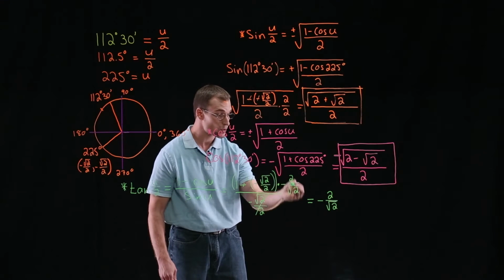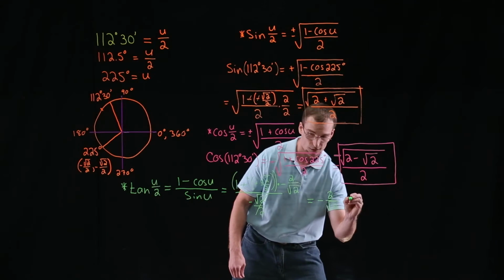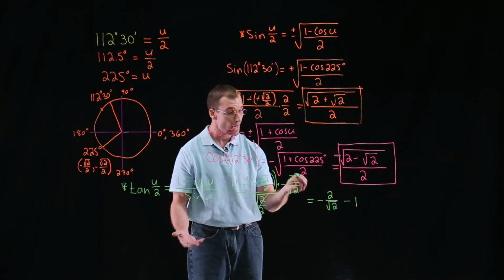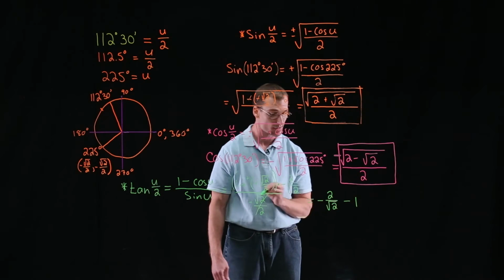And then negative 2 over root 2 times square root of 2 over 2 will cancel, giving us just negative 1. And here we're pretty much done, except it's kind of standard practice to rationalize the denominator.